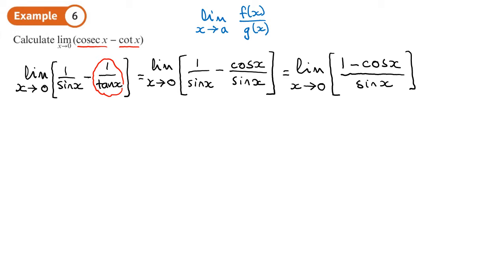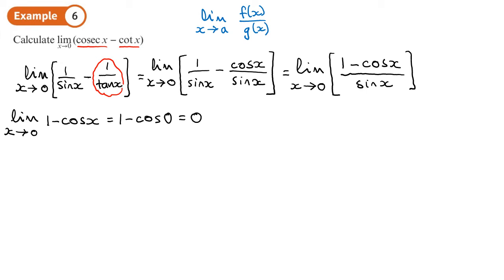We're going to look at the limits of the numerator and the denominator. Let's start with the numerator. That would be the limit of 1 minus cos x as x tends to 0. That will be 1 minus cos 0, which is 1 minus 1, which is 0.